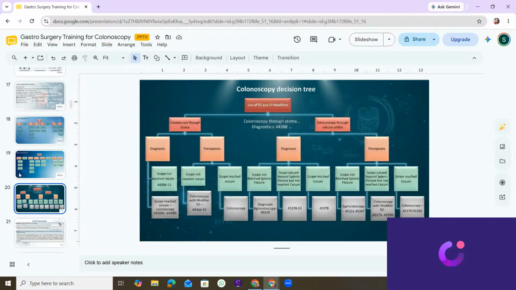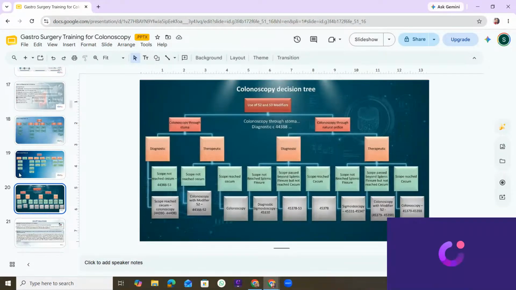For natural opening, if a diagnostic procedure is performed and the scope does not reach the splenic flexure, diagnostic sigmoidoscopy will be coded. That CPT code will be 45330. If the scope passes beyond the splenic flexure and does not reach the cecum, we use 45378 with modifier 53. If the scope reaches the cecum, we use 45378 for the diagnostic part.